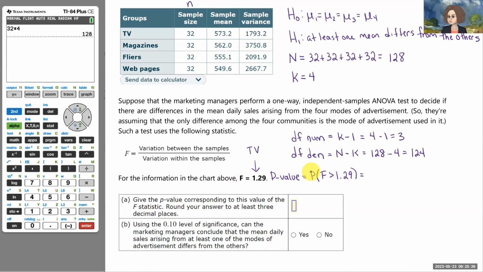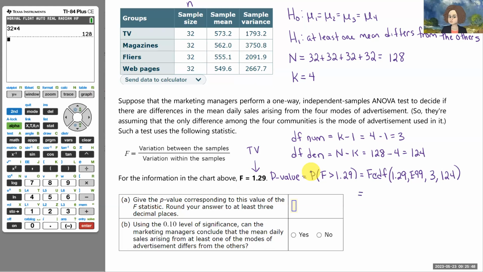And now we're ready for our Fcdf function. So we start with the value 1.29 and continue to the right indefinitely, so to infinity. And then the degrees of freedom of the numerator, and then the degrees of freedom of the denominator.